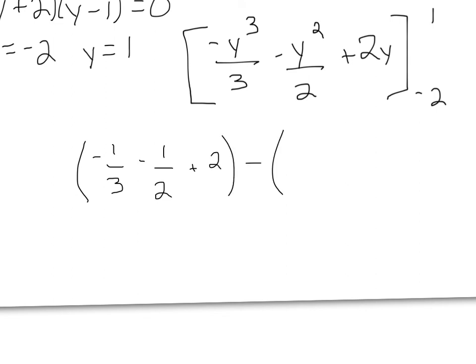So let's see, -2 cubed, -8/3, positive 8/3. And then minus 2 minus 4? Yeah, double check me on that just in case. And then let's simplify our thirds first, because -1/3 minus 8/3, that's -9/3.